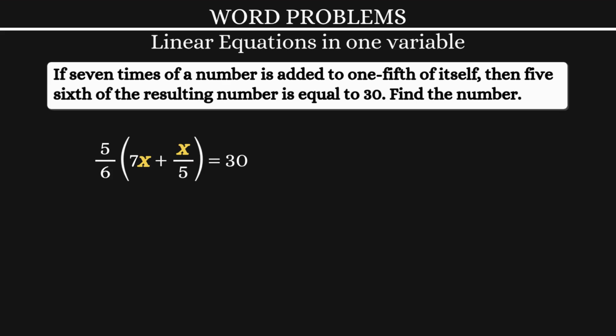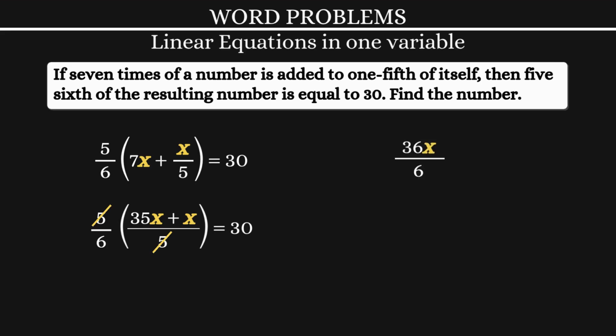We'll first simplify what's inside the brackets. We get 35x plus x divided by 5. Now we can cancel these two 5's. What results is 36x by 6 is equal to 30. 36 by 6 is 6.